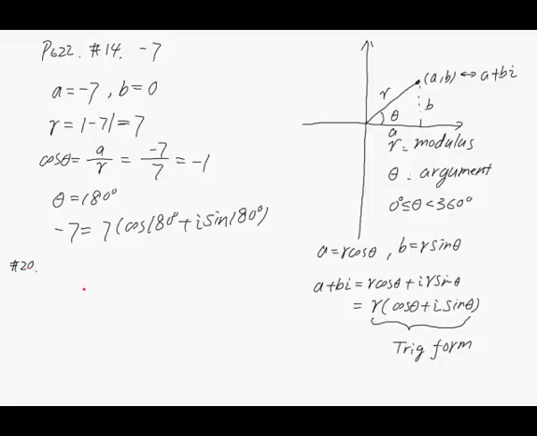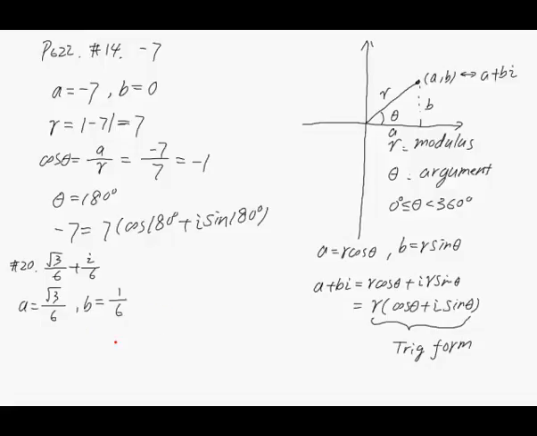Problem 20, we have the root of 3 over 6 plus I over 6. So here we have A equal to root of 3 over 6 and B equal to 1 over 6. The coefficient of this I is equal to 1 over 6.